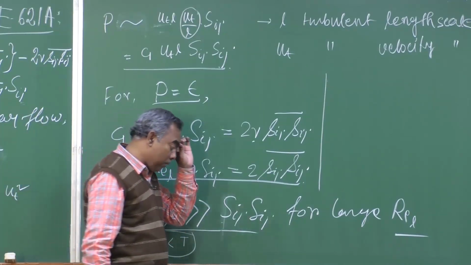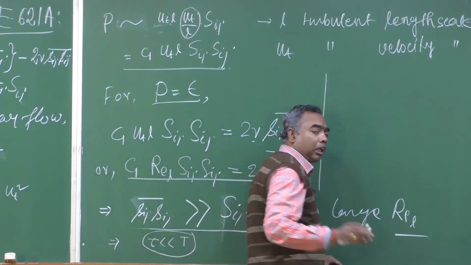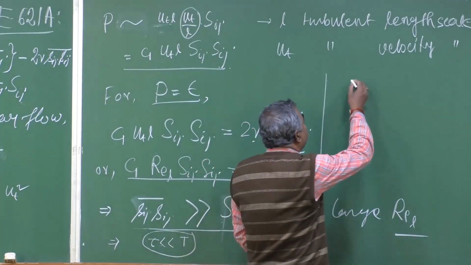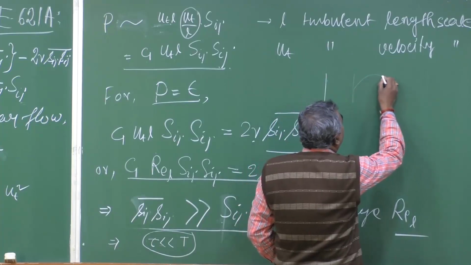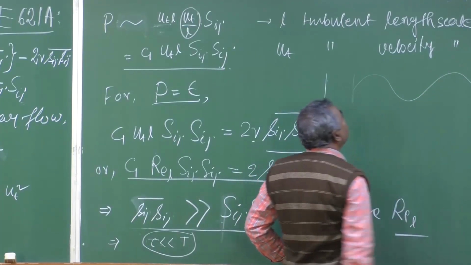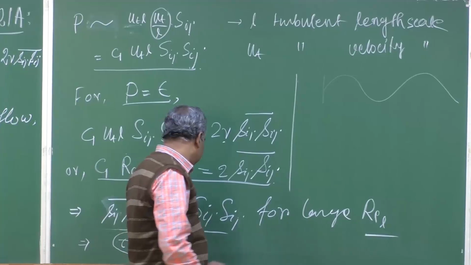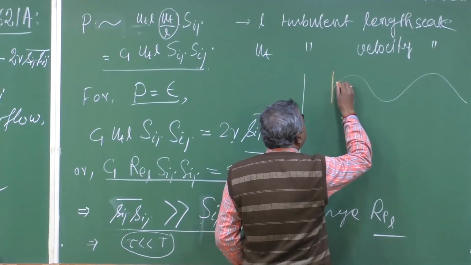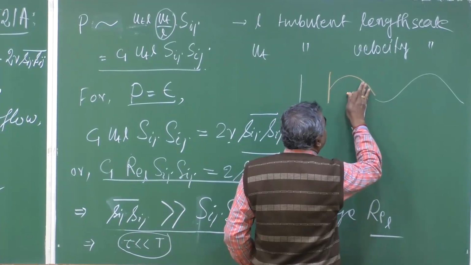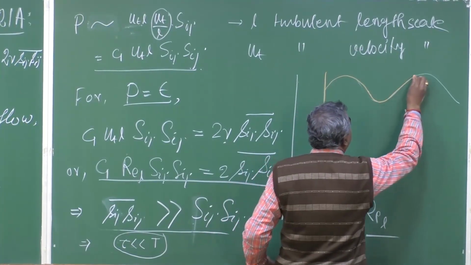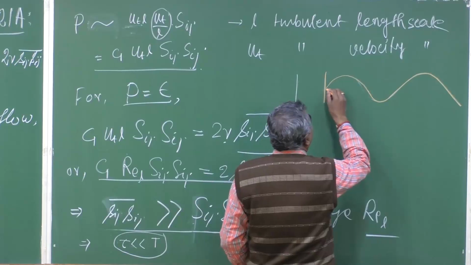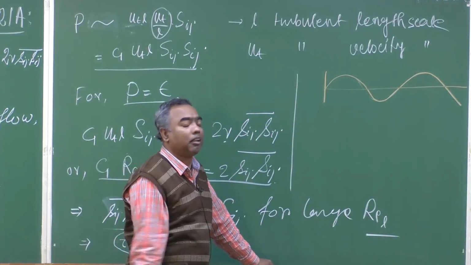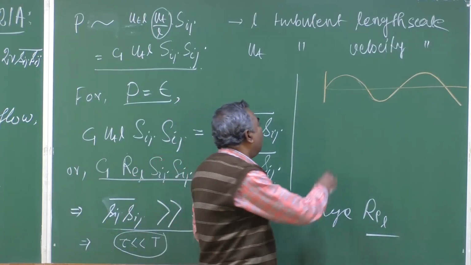Why? Because we have already discussed correlation. Let us say the large scale turbulence, at which the energy extraction from the mean flow is going on, has a time series something like this. Okay.